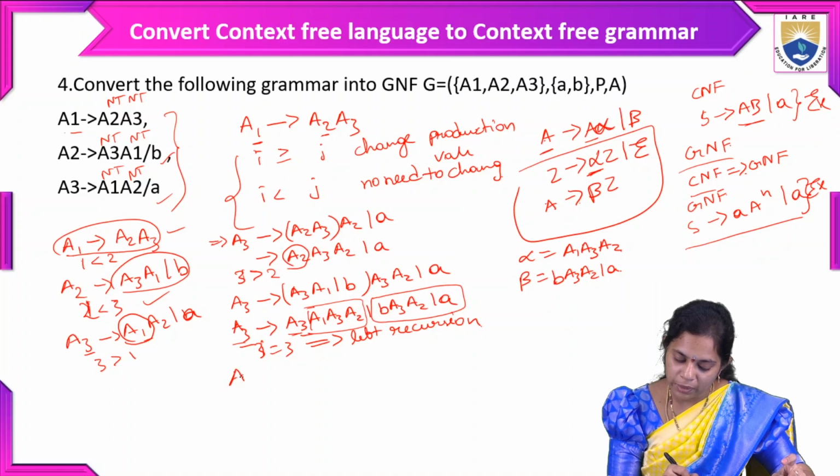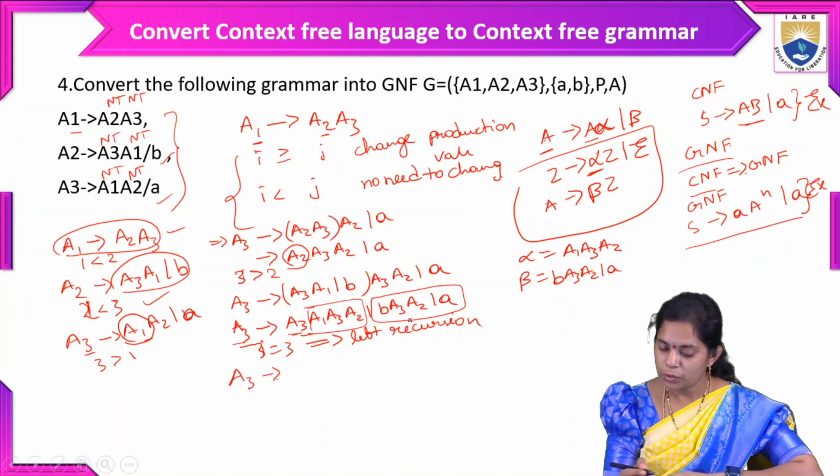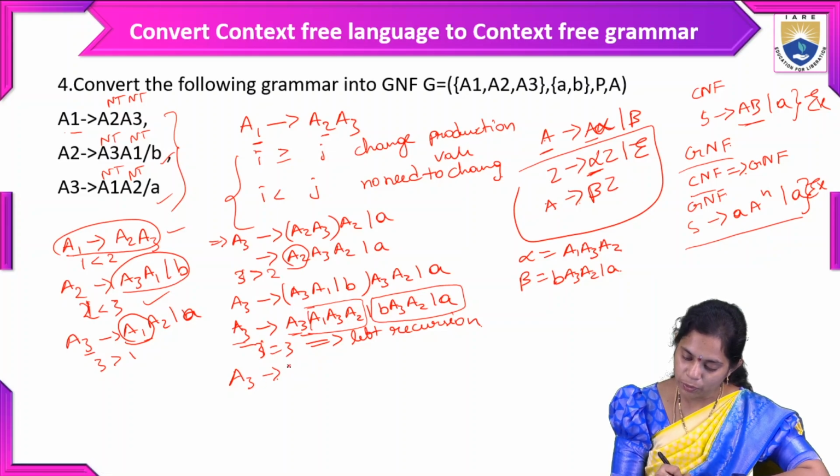So here A3 is equal to, instead of this beta, beta is nothing but B, A3, A2, A, and beta Z. So what is the Z? Z tends to alpha.